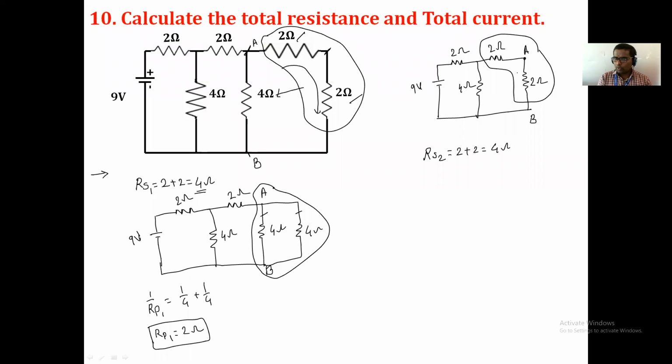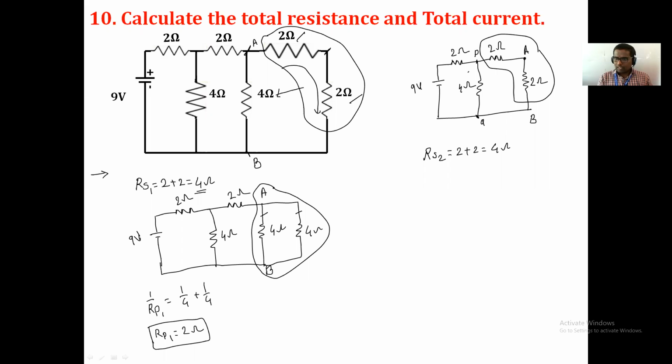And now in which 2 points are these 2 resistors connected in series? If you check, this is a common point. So this 2 ohm is connected to here, I say that point P, and this 2 ohm is connected to here, I say that point Q. In between point P and Q, these 2 ohm are connected in series.